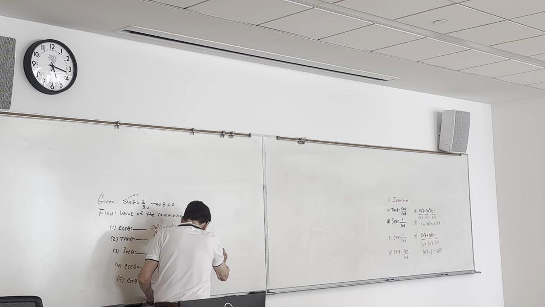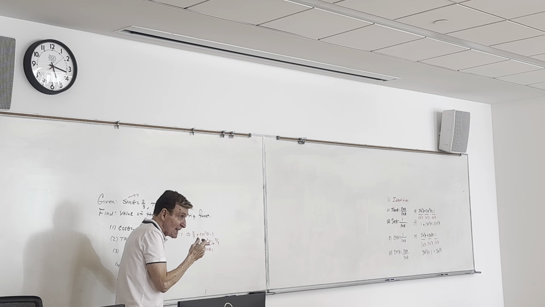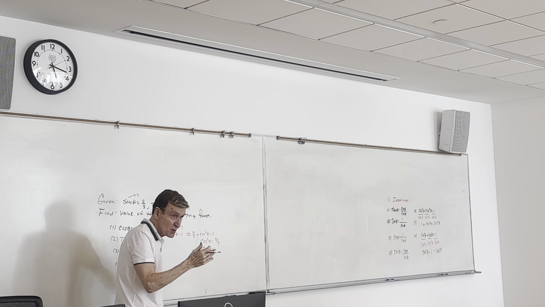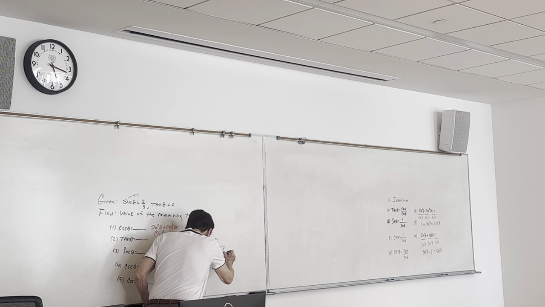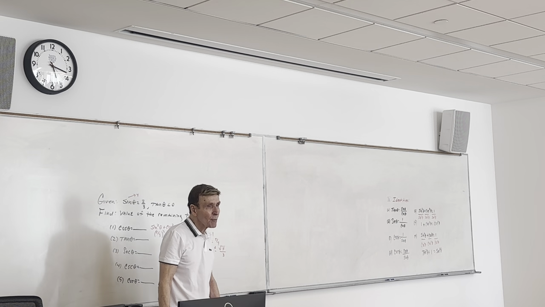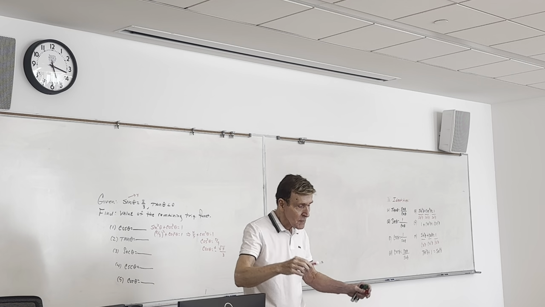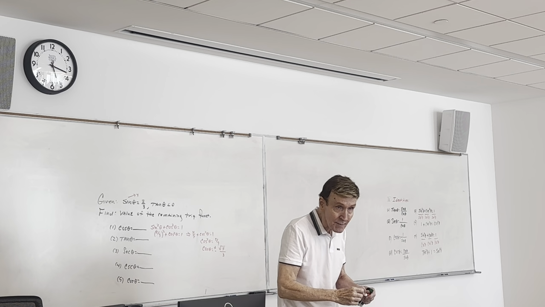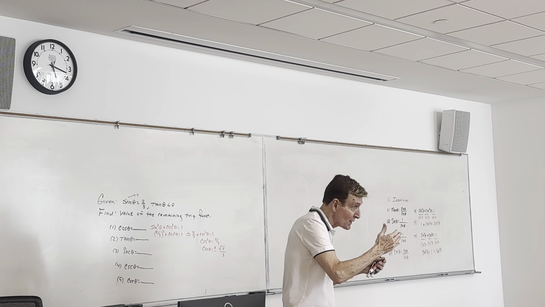Since I see a cosine squared, which indicates 2 answers, it looks like it's plus or minus square root of 5 over 3. But I cannot accept both. There's only one answer. Right now, it's plus or minus radical 5 over 3.